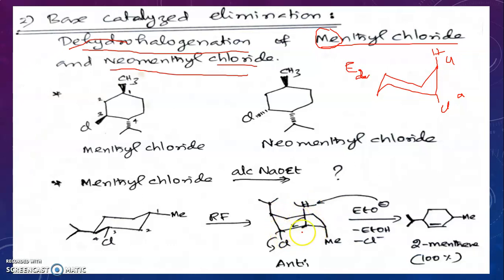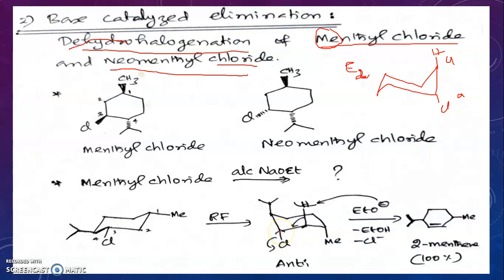Why? Because in this conformation, the chlorine atom is in the axial position. You know very well, when you do ring flipping, the axial groups become equatorial and the equatorial become axial. In this conformation, all these groups, methyl, chlorine, isopropyl, are equatorial. So when you do ring flipping, all become axial. Now, this chlorine is present here.